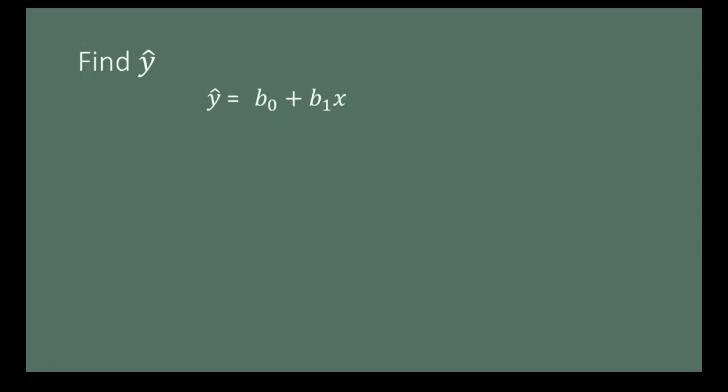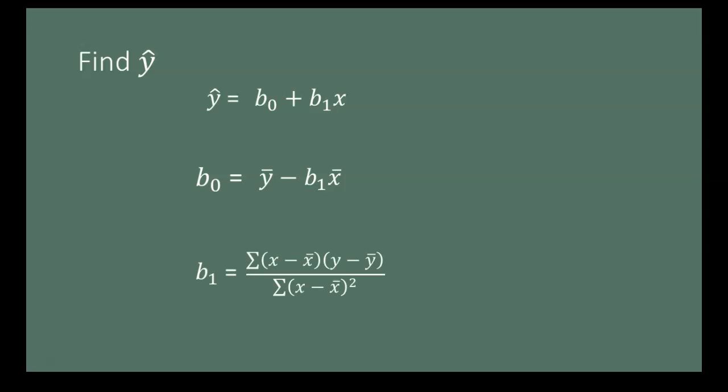And we have formulas on our formula sheet that help us find those amounts. So b sub 0 is y bar minus b sub 1 times x bar. Well, we have our y bar and our x bar, but we don't have b sub 1 quite yet. So before we can find our y-intercept, we need to find our slope.